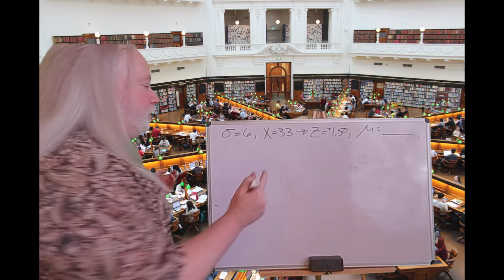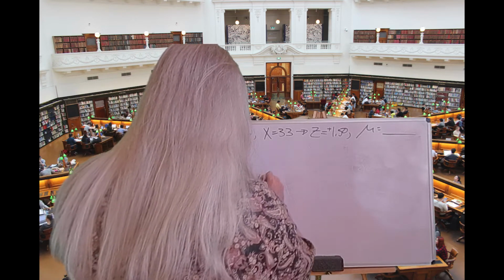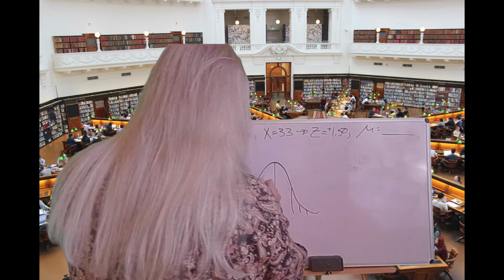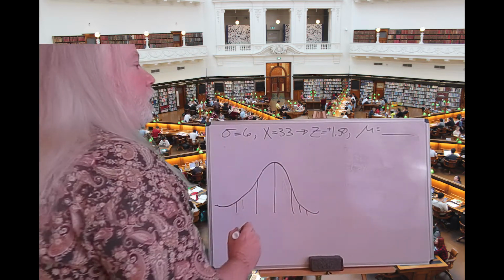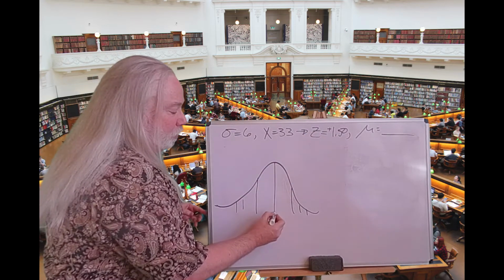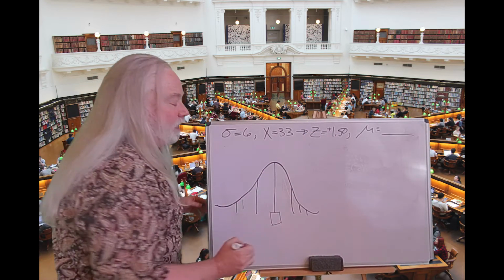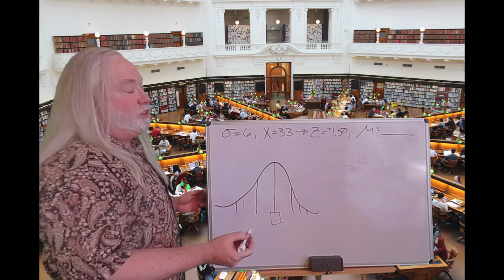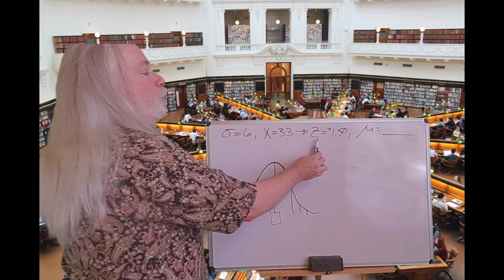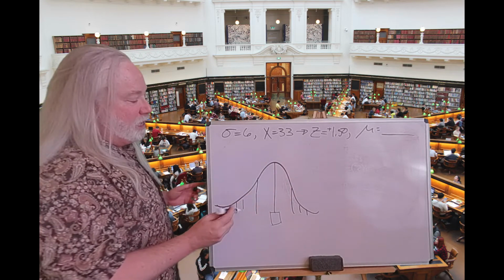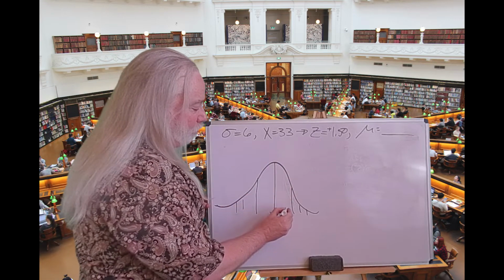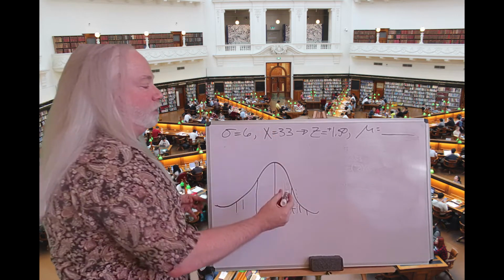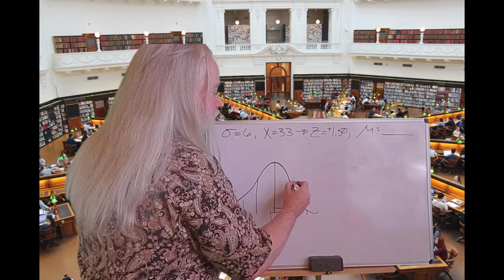So again, let's start with sort of a graphic approach. We don't know what number to put here at the moment. That's what we're trying to figure out. We know that the distance between lines is 6 points. We know that if we go up 1.5 standard deviations, so up 1 and another half, that is a raw score of 33.